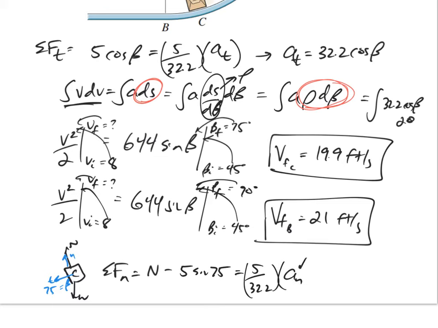This acceleration in the normal direction is v squared over rho. At this intermediate point C, the v would be 19.9 squared over 20. So I've got everything except for N, and I would get that N is 7.91 pounds.